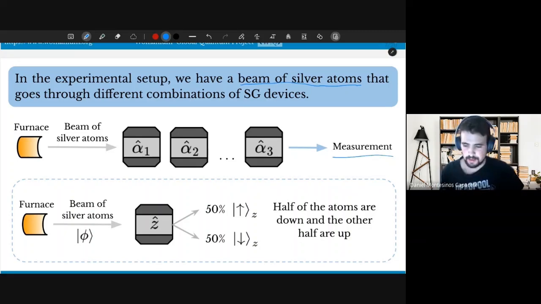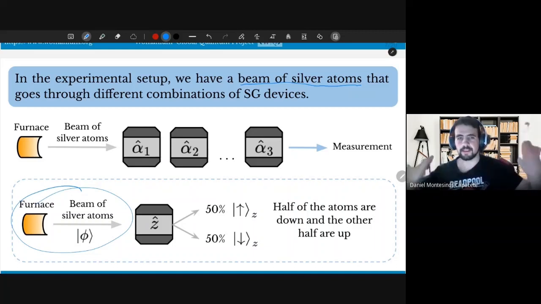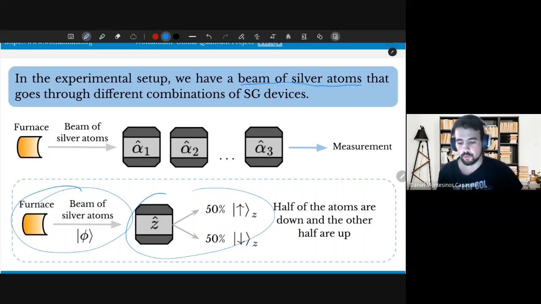So the main idea is that we have the furnace and a beam of atoms in a certain initial state. In this case, we don't really know the initial state of these atoms because they come from the furnace. We may be able to use this experiment in order to know the state, yeah, I will explain this later.